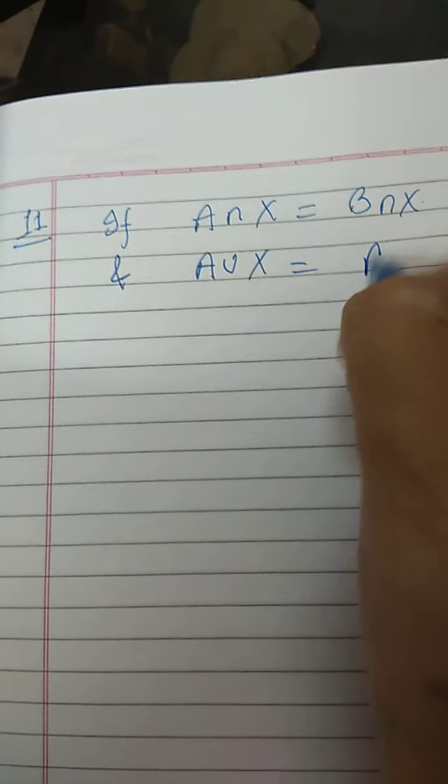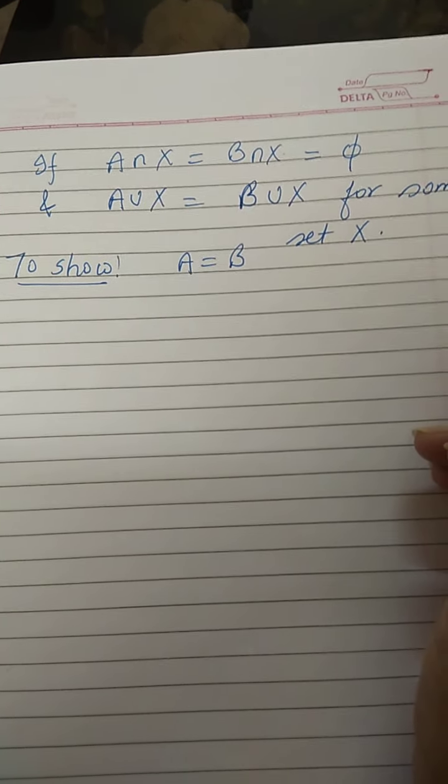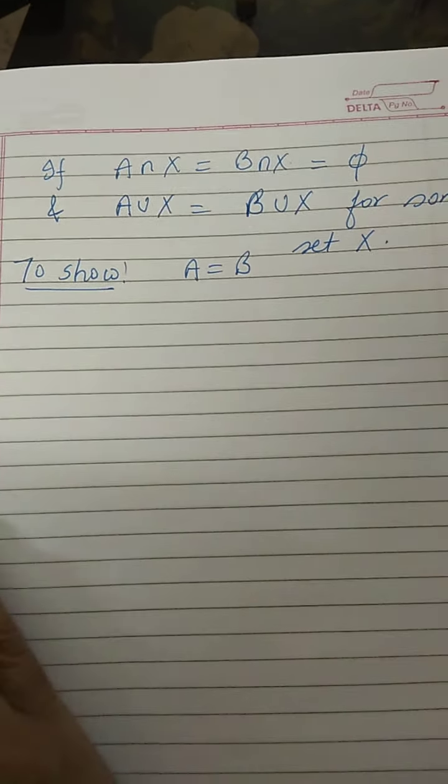This X is some set. We have to prove that A is equal to B. If you notice in the book, they have given the hint also that we are supposed to use the distributive law only.